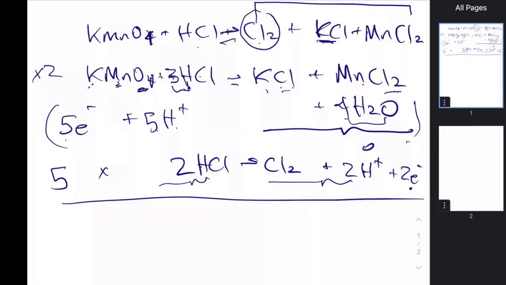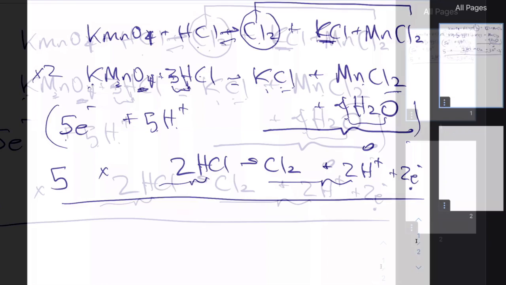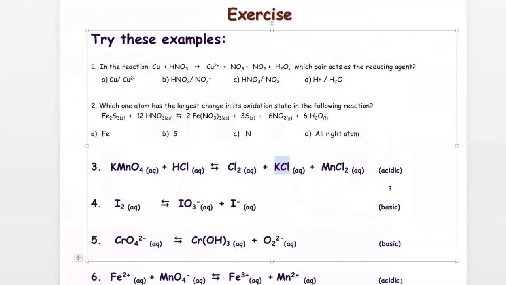And that would be my half reaction. So that's a good example of how to balance complicated problems like this. And remember that you're always looking to make sure that the non-hydrogen and oxygen elements are going to be on each of the sides in your half reaction.